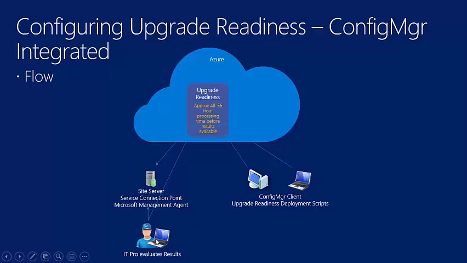So here you have the IT Pro that's still in the picture, and the IT Pro can look at the Upgrade Readiness data. The IT Pro can also look at your site server, which will have the data that it's scraping from Upgrade Readiness. And the site server, this actually is a mistake. I should take this out. We don't require the Microsoft Management Agent on the site server at all.